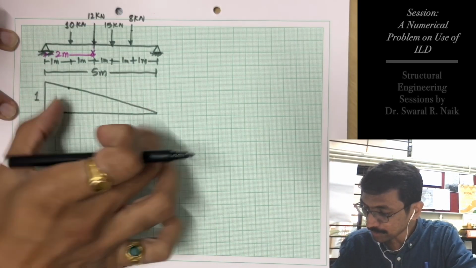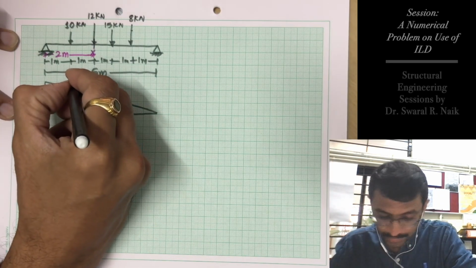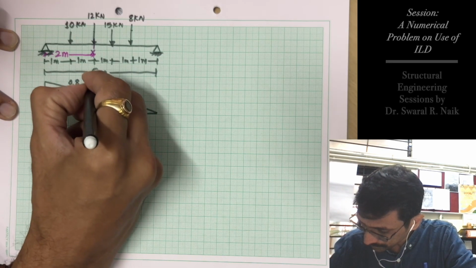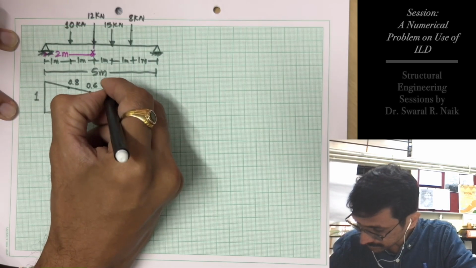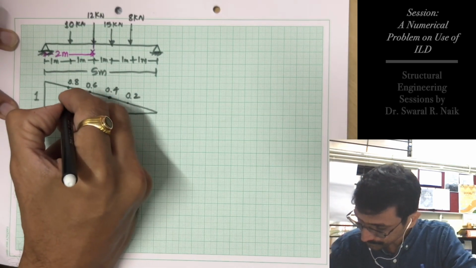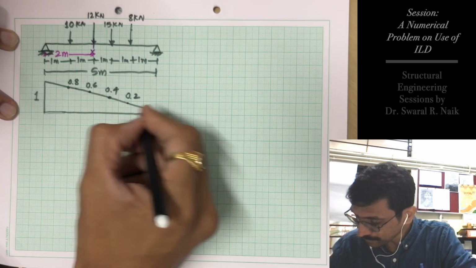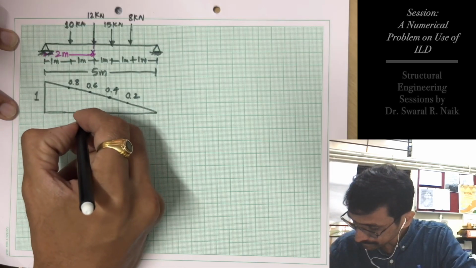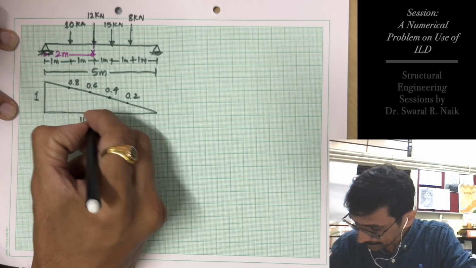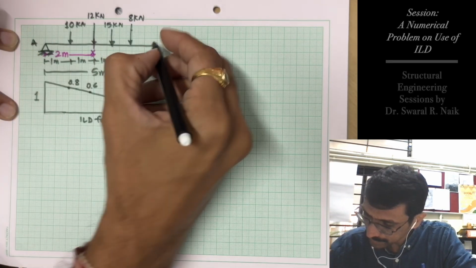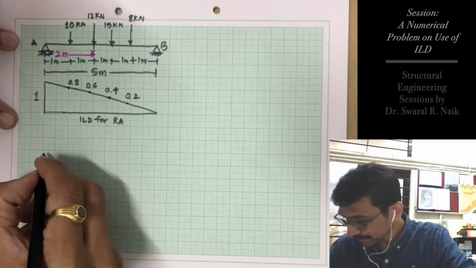So dividing equal distances, this will be 0.8, this will become 0.6, this will become 0.4, this will become 0.2. This is ILD for RA. This is A point, this is B point.